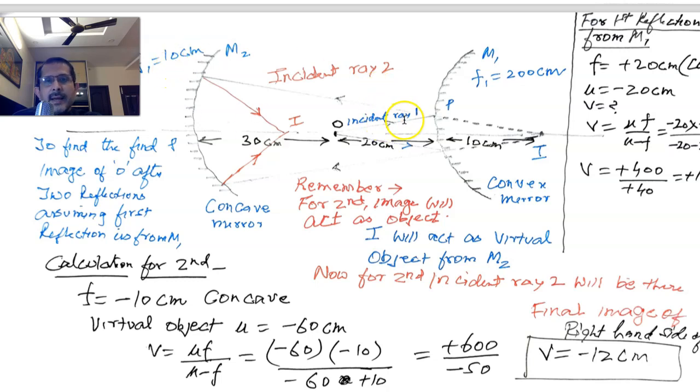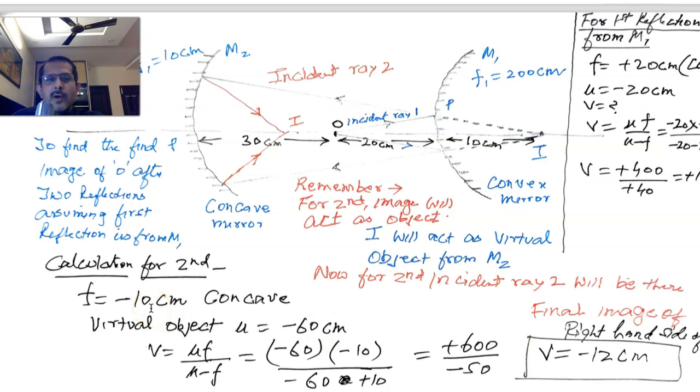We identify by the incident ray. Now in this case, the incident ray 2 is going this way, but the distance from pole to image, which is a virtual object for this mirror, is 60 in this direction. So it will be minus 60 centimeter.